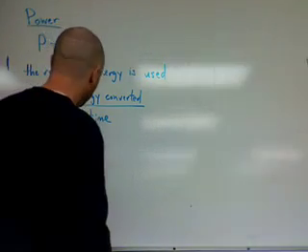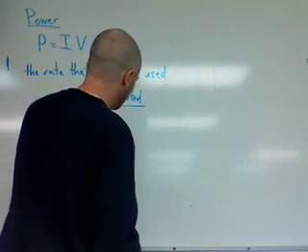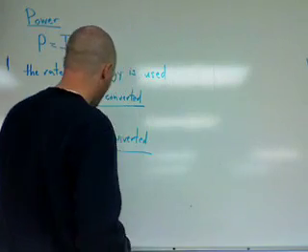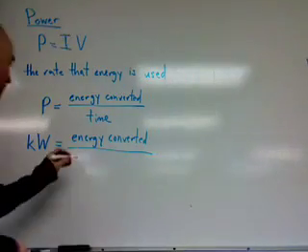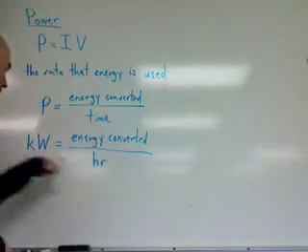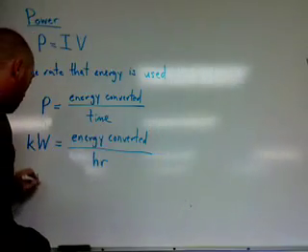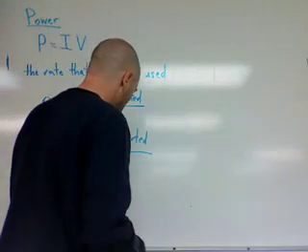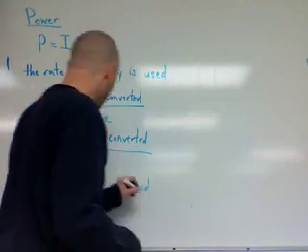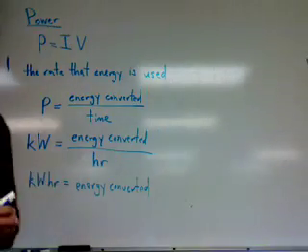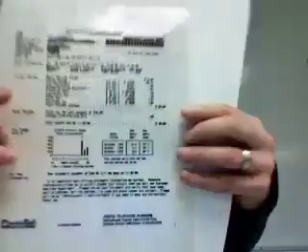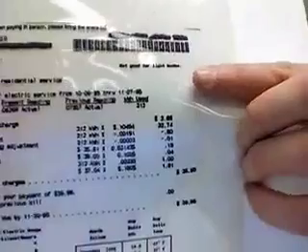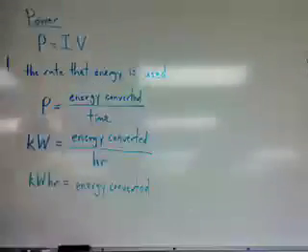A possible unit for time could be hours. So if I multiply here, I end up with kilowatt hours equals the energy converted, which means when the power company is charging me for kilowatt hours up there, the 312, they are not actually charging me for power.